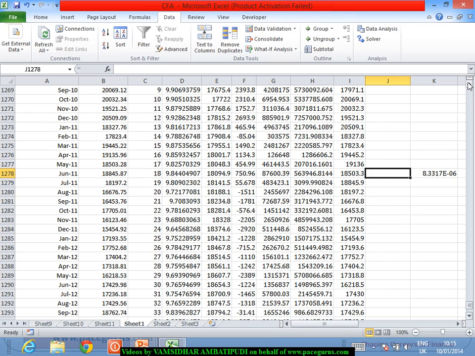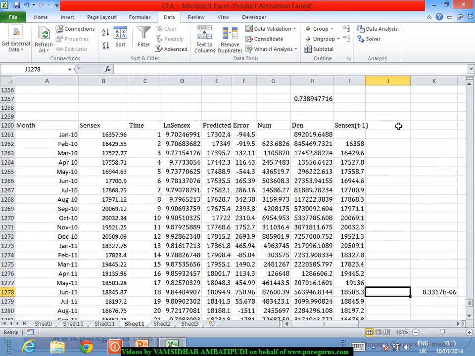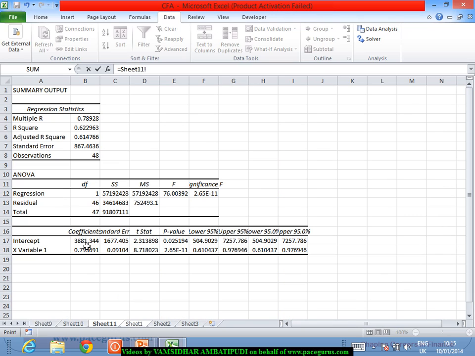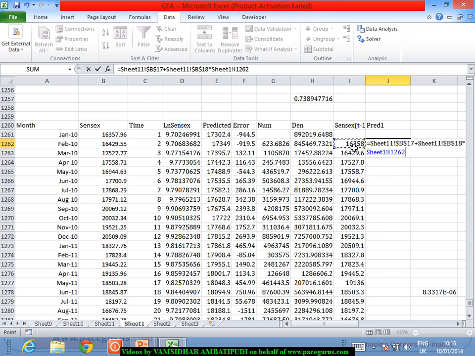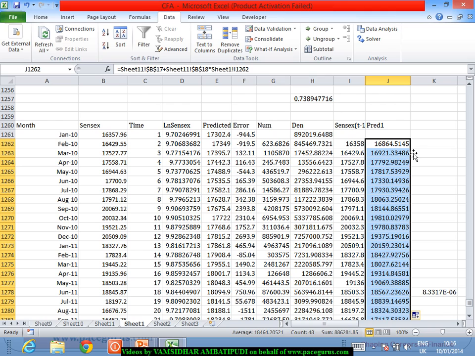So here, what I will try to do is the prediction using the new model. What is that new model? 3881 plus this value times the Sensex of the previous period. So based on this model, these are my predicted numbers. From here I can even think of the error part.